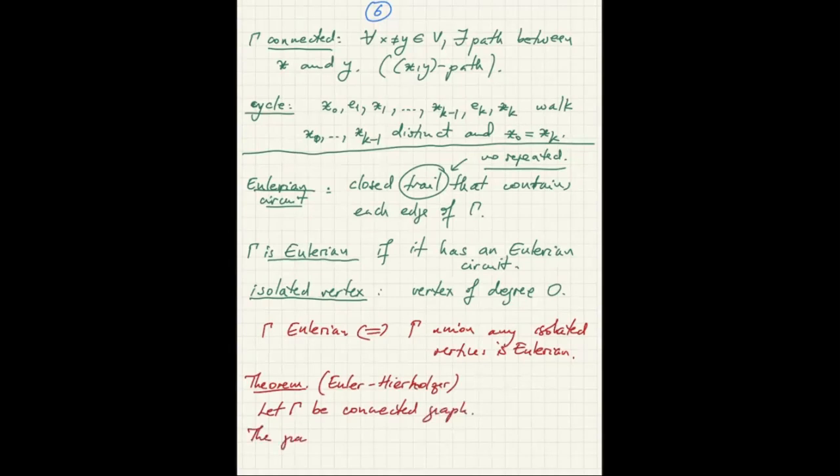Then the graph gamma is Eulerian if and only if the degree of each vertex of gamma is even. So that's the theorem stating that the necessary condition for the existence of this Eulerian circuit is also sufficient.